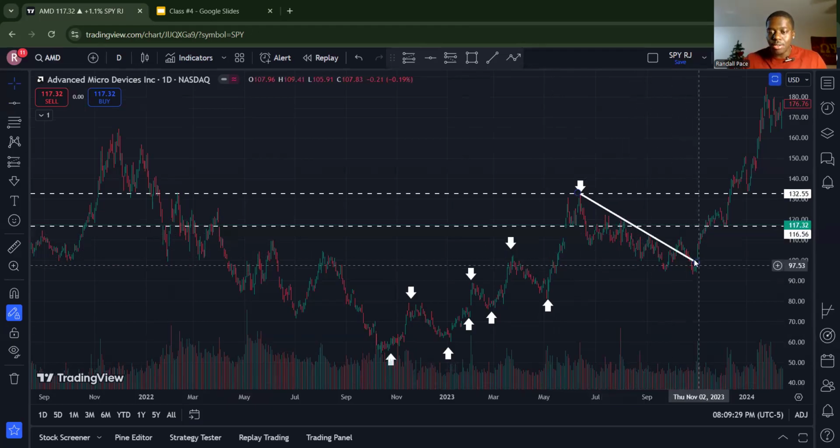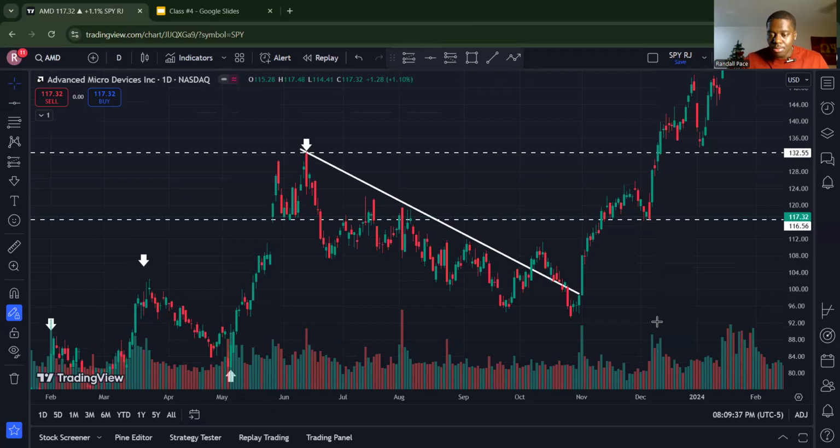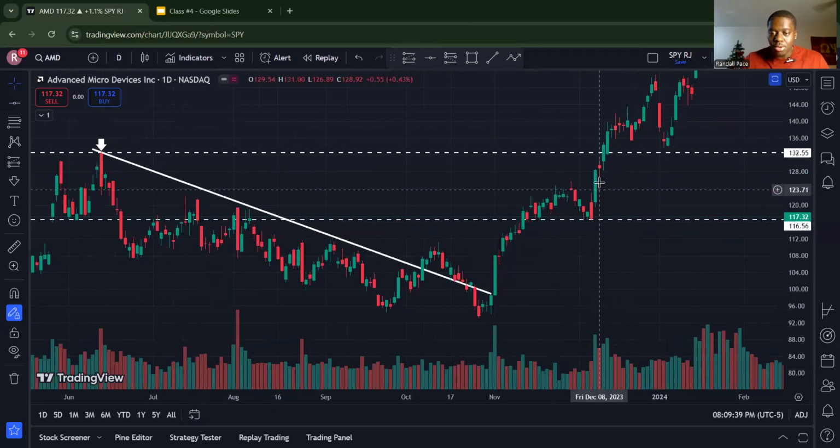It broke the counter trend. It had a pullback, but then it had a bullish candle, like a really bullish candle like here. Where would your possible stop be?